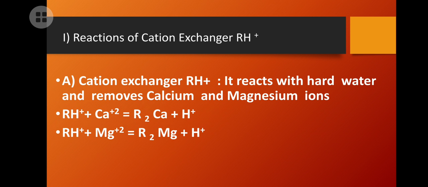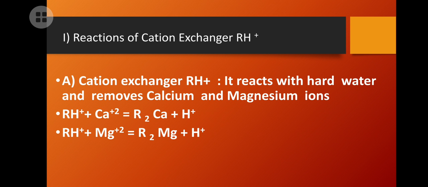It is known that the problem of hardness is there due to two positive ions, that is calcium ion and magnesium ion. So the reactions are as follows. As you can see, we have RH, it reacts with calcium ion. As a result, the calcium ion gets attached to the complex R and H ion is released.